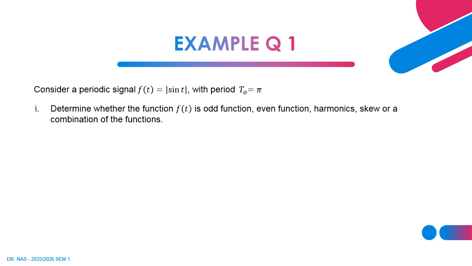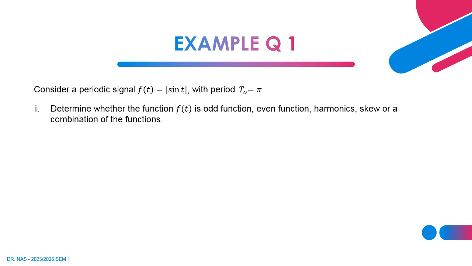So you need to determine whether the function is odd, even, harmonic, skew, or a combination of the functions. In order to solve this, you need to know how this sine t signal looks like, or you can also try different t values. Then you can estimate what type of signal this is.